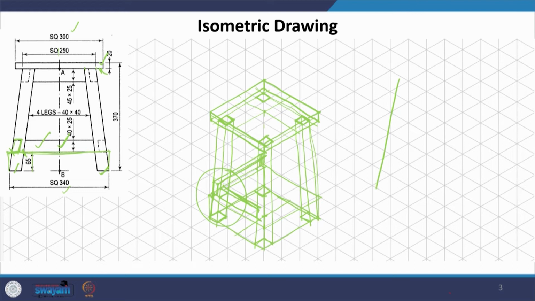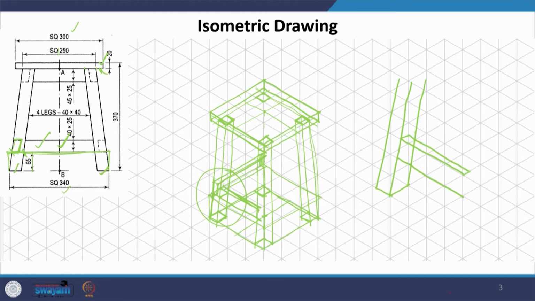So, if this was what we were seeing, this is the leg, I am just enlarging it slightly. Okay. This was the horizontal portion. Half the thickness of the leg is the thickness of this part.